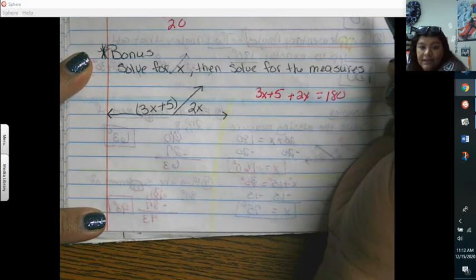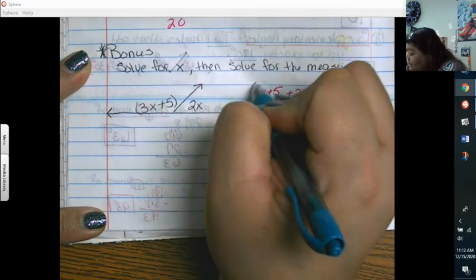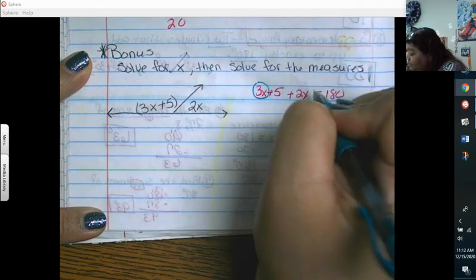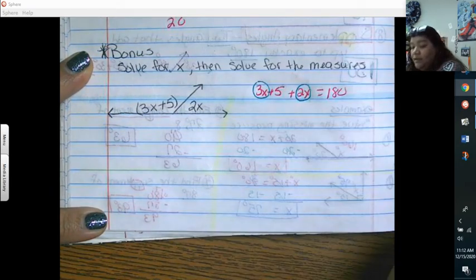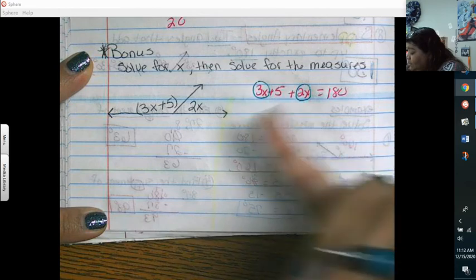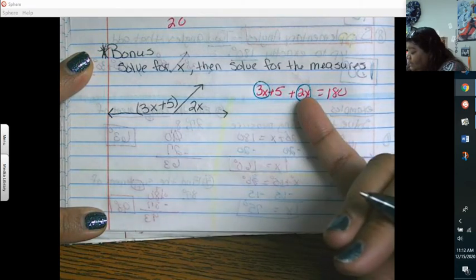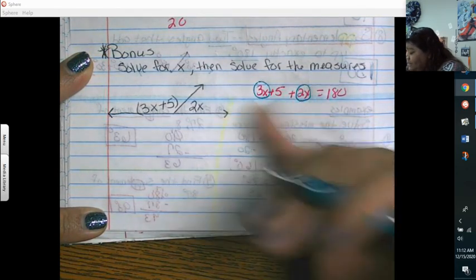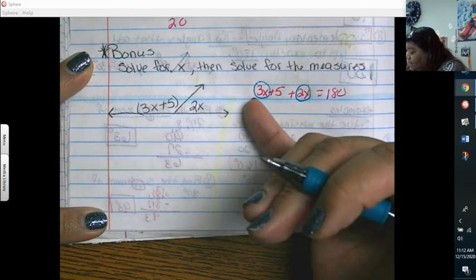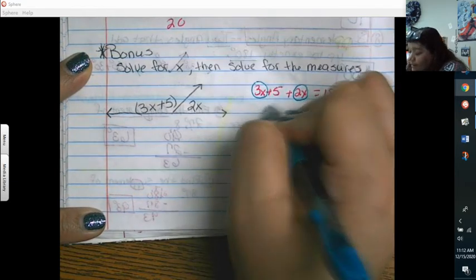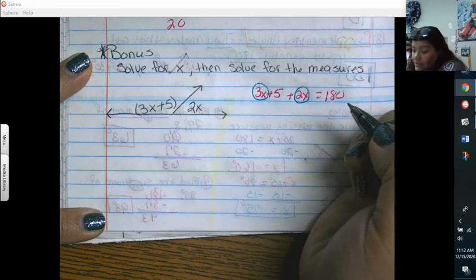Now, first thing I see is a variable here and a variable there. So I'm going to go ahead and combine them. So this is 3x and that's 2x. And they're both positive and we're adding. So I'm going to go ahead and add 3x and 2x. And when I add them together, I'm going to get 5x's.